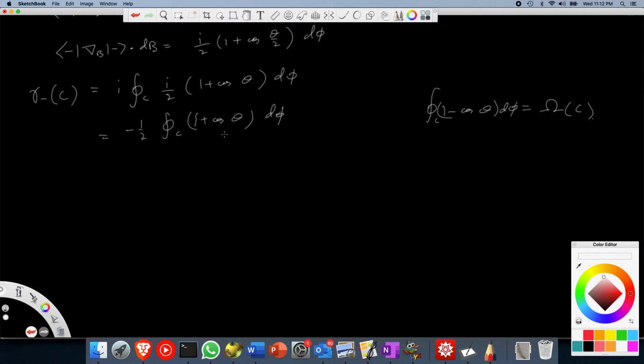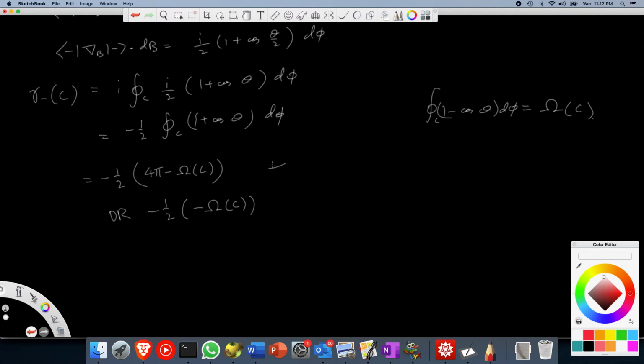It turns out that if you evaluate this, from my calculations, it could equal either 4 pi minus the solid angle, or minus the solid angle.